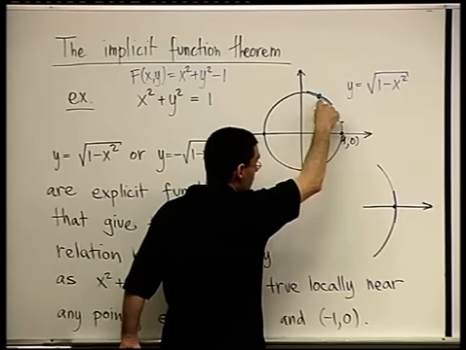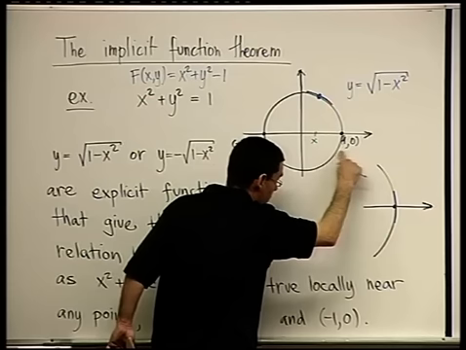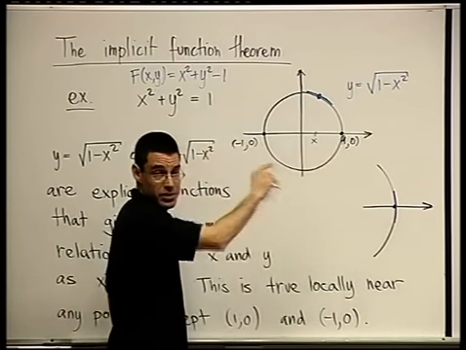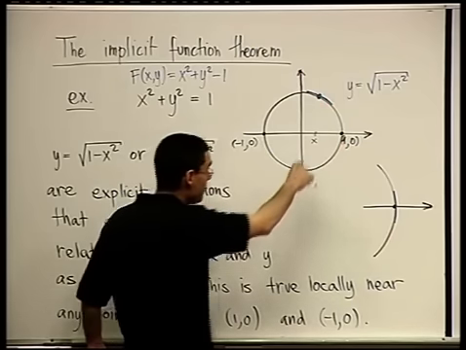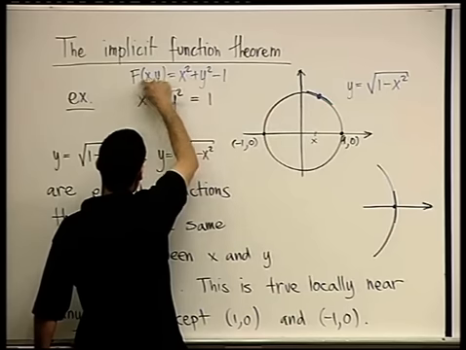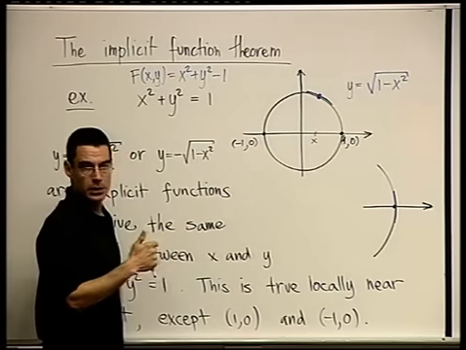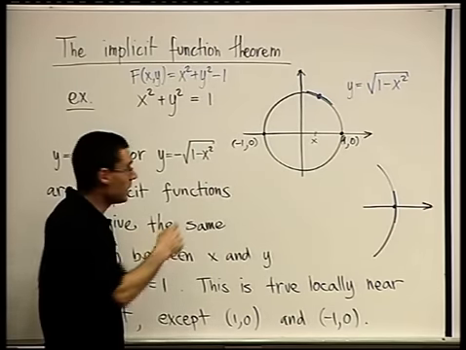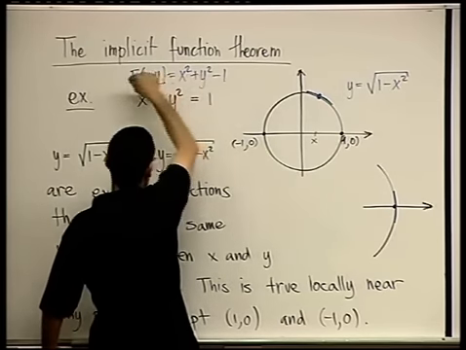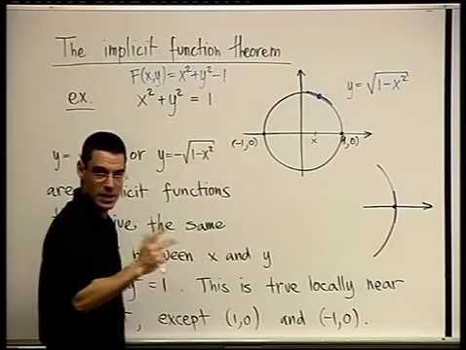And at any point on the circle, other than problematic points, and the problematic points are going to be ruled out by the second condition that I didn't write yet, but the points have to be on the circle. Being a point on the circle means that f at the point is 0. Do you agree? So that's what x0, y0 has to be. Is that clear?